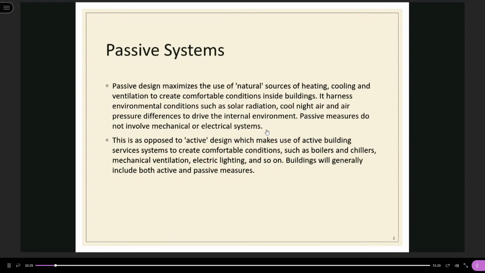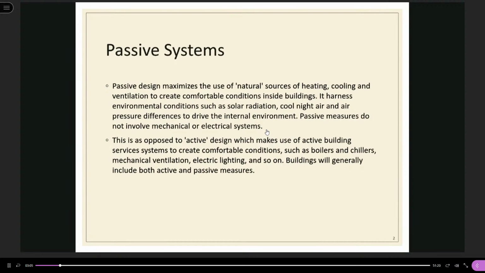So usually for a tall building, when there is a top opening on the high levels, and also openings in the low level, the air will naturally rise and then escape out of the building through the top level opening. So there will be a pressure difference. This pressure difference will allow the air to flow naturally inside the building.